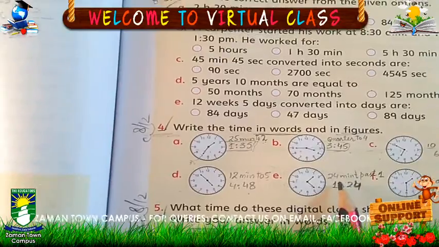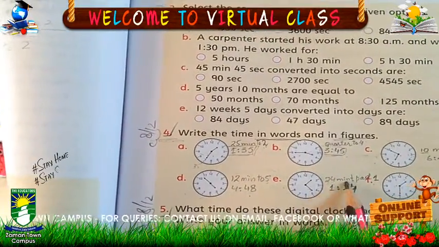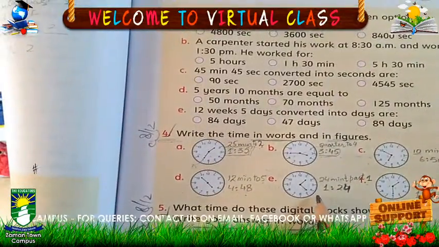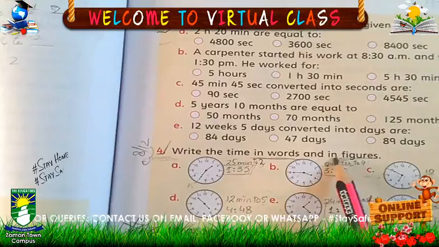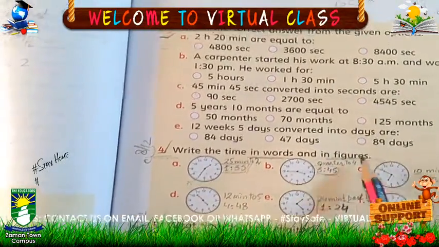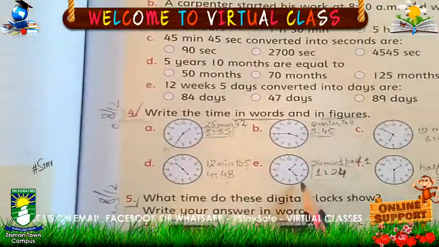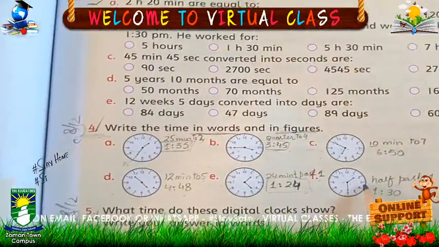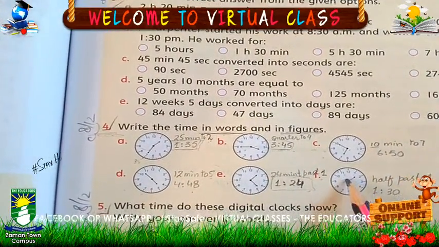Number E, 24 minutes past 1. 24 minutes past 1. And in figure, as they are talking about, we have to tell the time in two types. And the other is 1:24. 1:24. Okay. Here number F, half hour is completed.